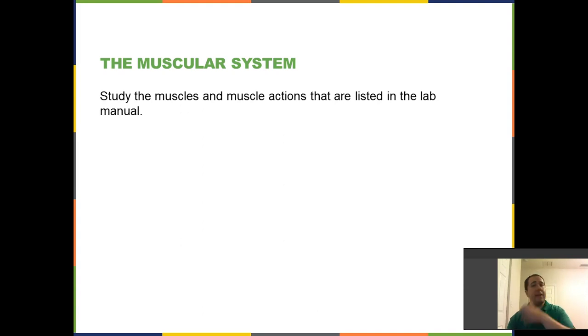For lecture exam 4, I am not going to ask you what is the function of the brachioradialis muscle, or where is the brachioradialis muscle found. To me, that is not lecture material. That is lab material. You will have questions just like that in the lab exam.